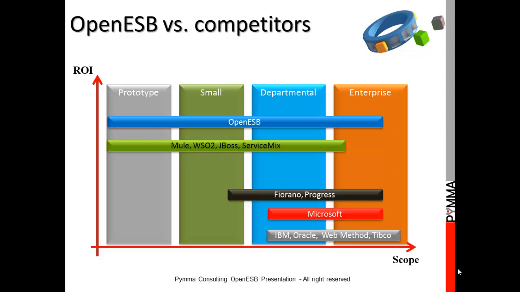It's a very large product, very expensive, mainly focused on enterprise and backbone projects. Small and departmental projects are not able to afford this kind of product. The second group is based on open source projects like Mule, WSO2, JBoss, and ServiceMix.